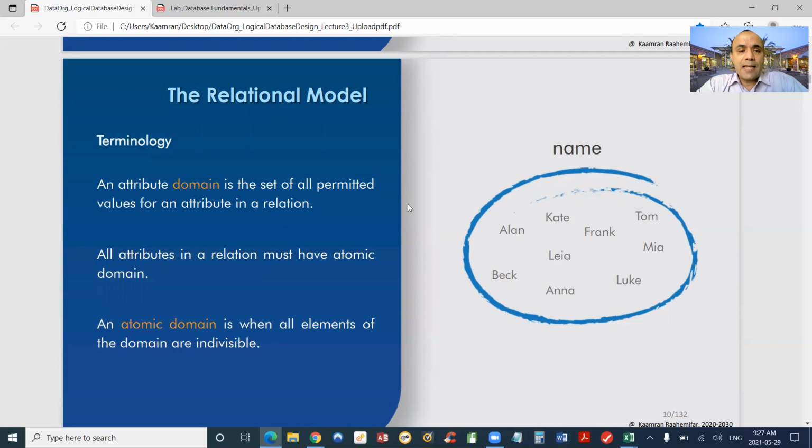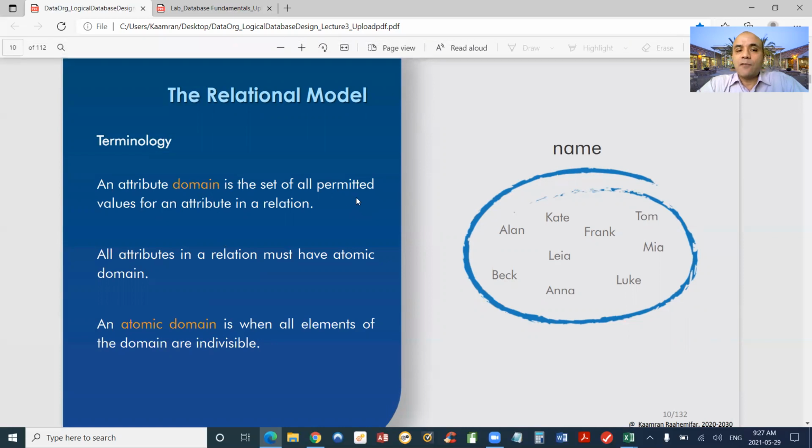So when we say name, it's going to be the potential names, either 8 billion existing names, or even stretching back thousands of years, where all of the possible names have been collected together. So the attribute domain is a set of all permissible values for an attribute in a relationship.